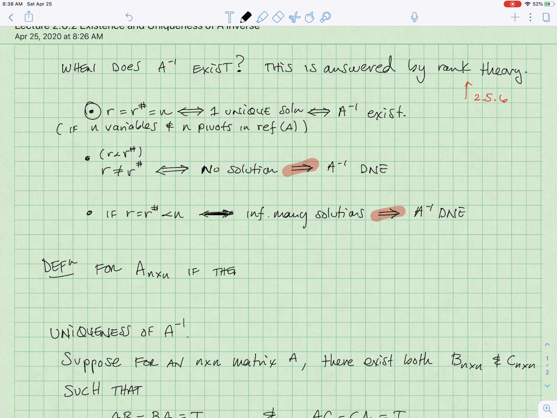For A n by n, which is square, if there exists some B n by n such that AB or BA, in either order, gives you the identity, then let me move this other statement here that we're going to work on.